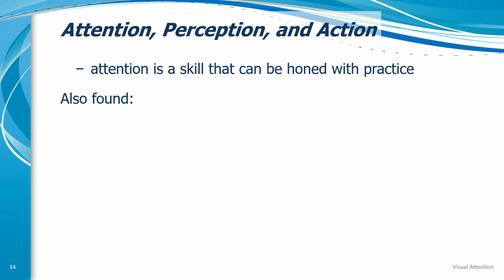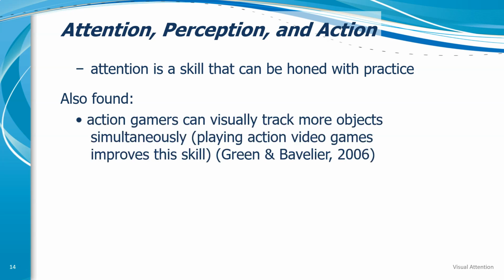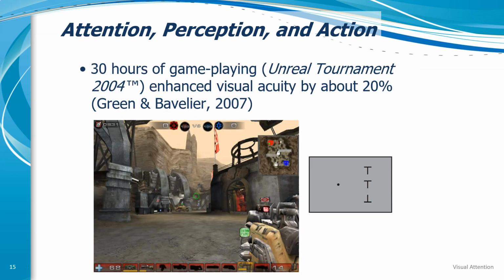Just really briefly, here are some of the other findings. It was found that action video gamers can track more moving objects simultaneously. And further, the more you play action video games, the better this gets. This is cause and effect. It's not a mere correlation. They've taken people who are really non-gamers and they made them play 30 hours of Unreal Tournament 2004.